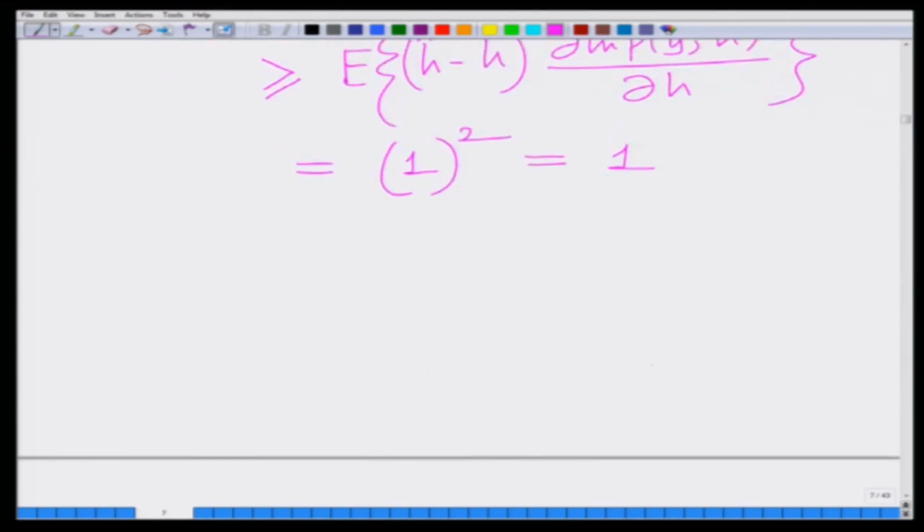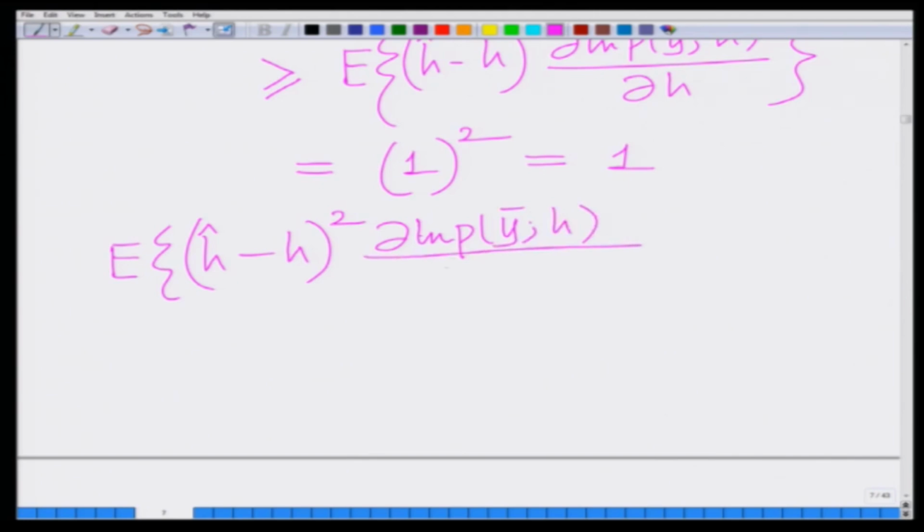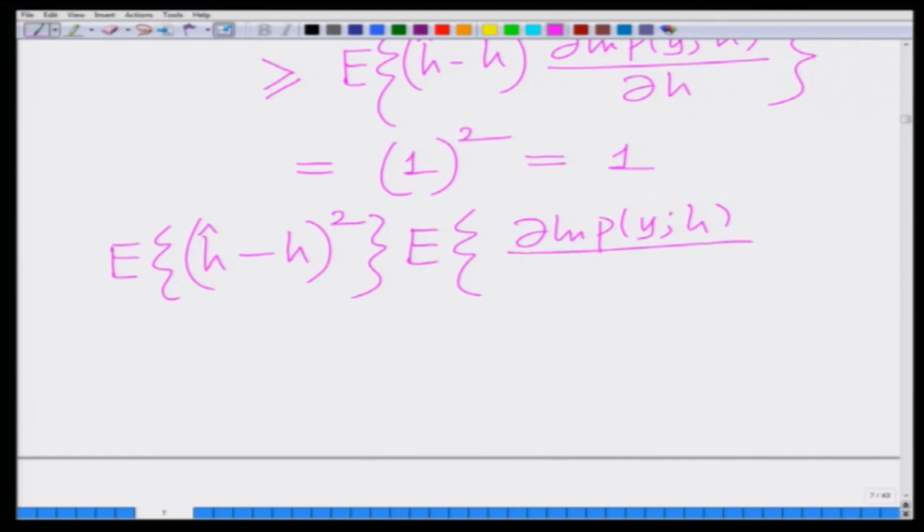Therefore, we can write the expected value of (h hat minus h) whole square times the expected value of the derivative of the log likelihood function whole square is greater than or equal to 1.